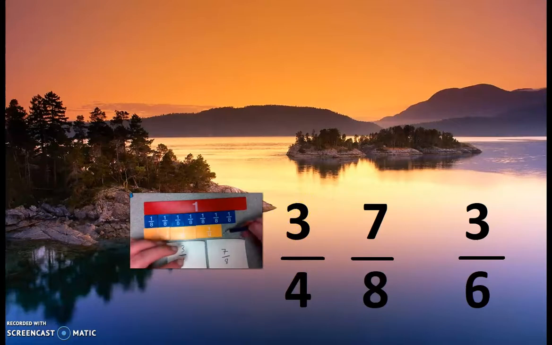With 7/8, we are only missing 1/8, 1 out of 8 pieces. So they're both only missing 1 piece, but because there are 8 pieces, each piece is smaller, so it's a small piece missing versus a bigger piece missing with the quarter.